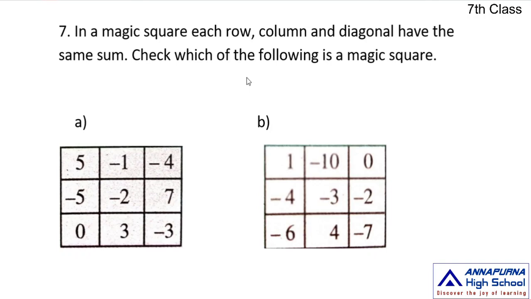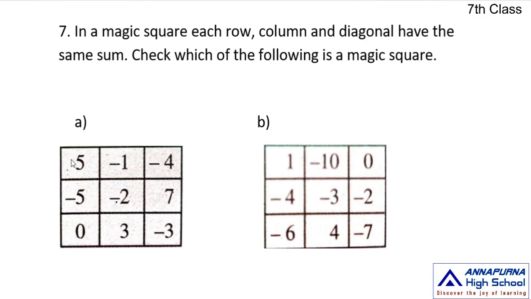Now next, the seventh one is: in a magic square, each row, each column and diagonal have the same sum. Check which of the following is a magic square. Here he has given two squares. Out of these two, only one is the magic square. You find out. First add all the integers in the first row, second row and third row. In the same way, add the integers in the first column, second column and third column.